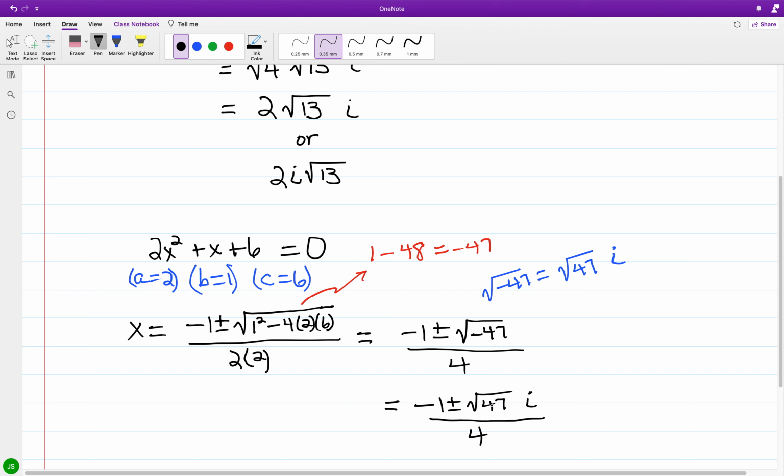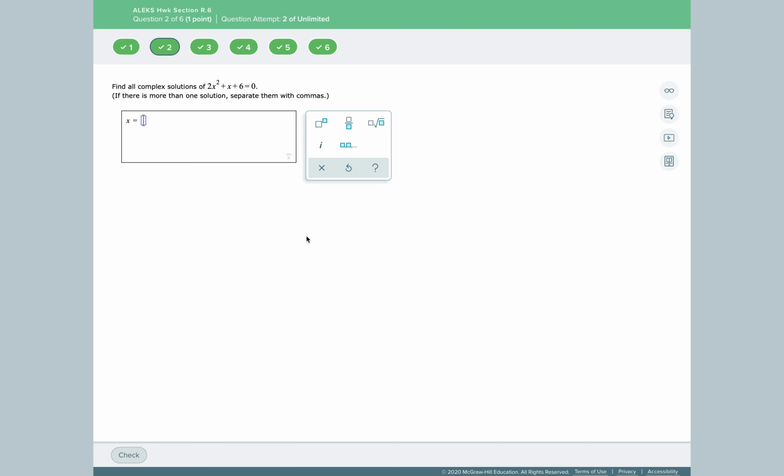And checking the results, I do have to separate these solutions. So we have negative 1 plus the square root of 47 times i, all over 4.